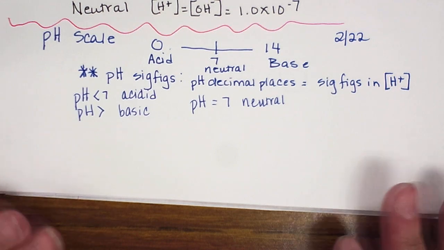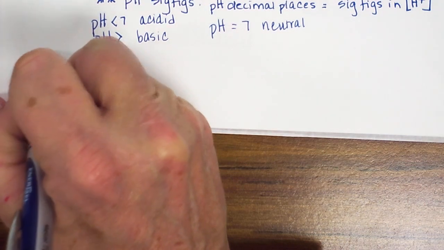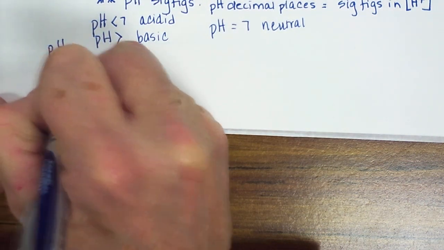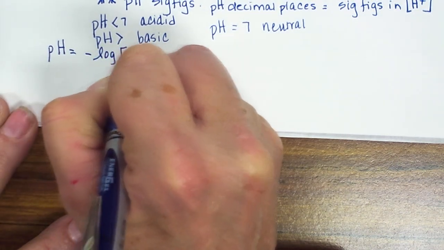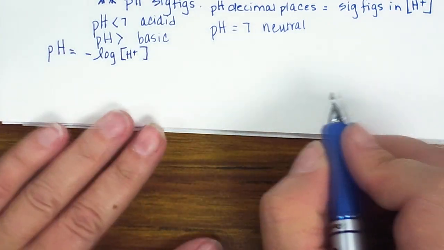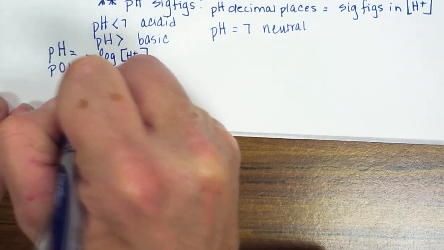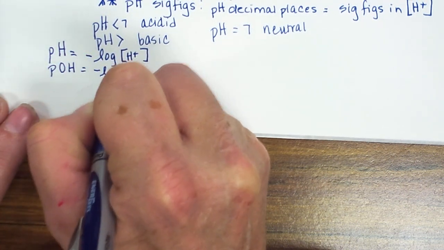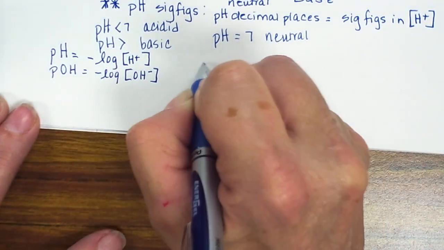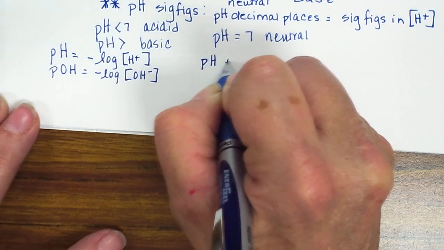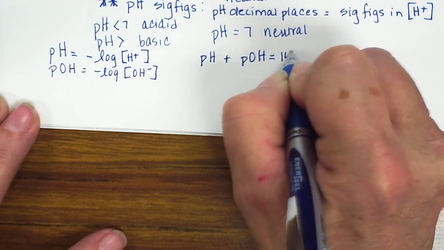All right, so here come the formulas. pH is equal to negative log of the concentration of H plus. pOH is equal to negative log of the concentration of OH minus. pH plus pOH equals 14.